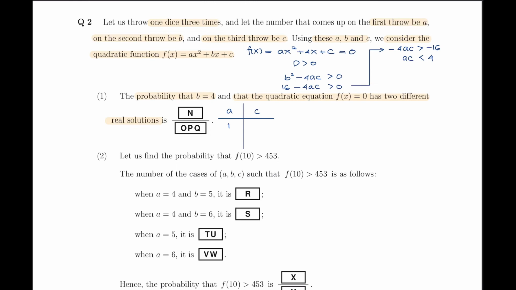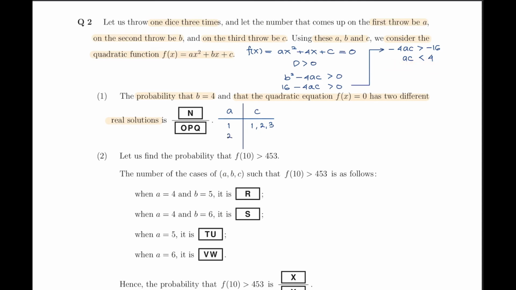Remember, A, B, and C are the numbers that come up when we throw a dice. So A, B, and C are between 1 and 6, because one dice has 6 faces, number 1 until number 6. So if A equals 1, then C is either 1, 2, or 3, so that A times C is less than 4.